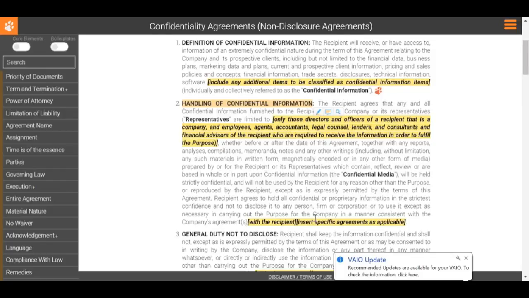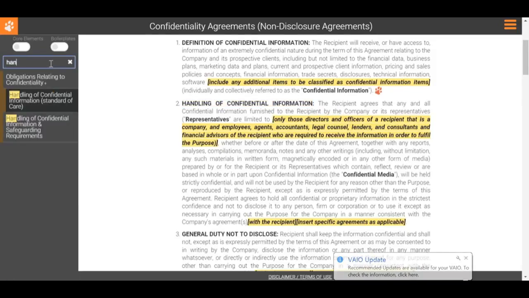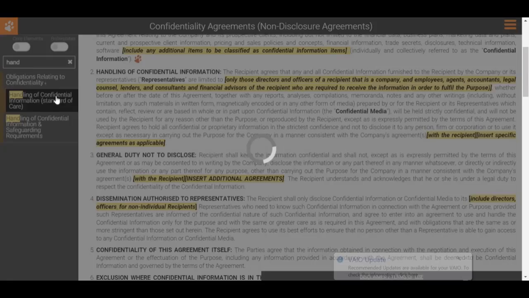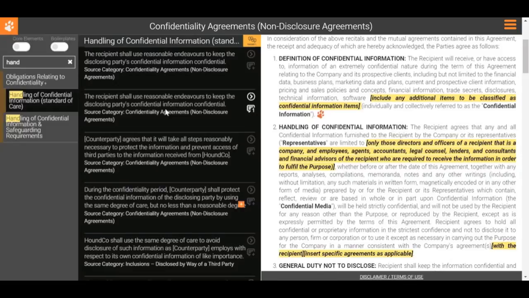Contract language to this effect often incorporates a minimum standard of care. And we've included variations on this language in our knowledge panel.